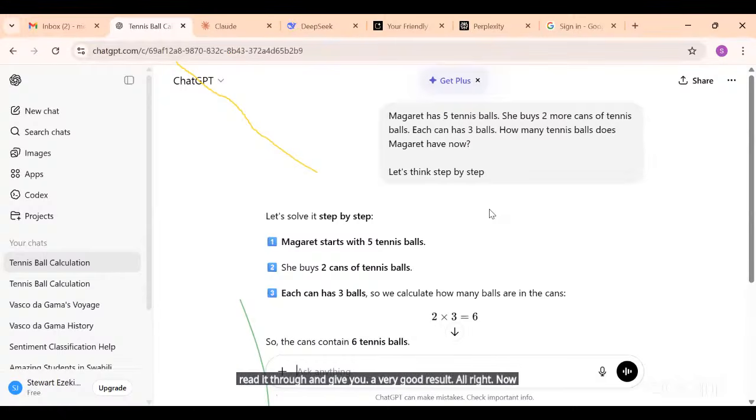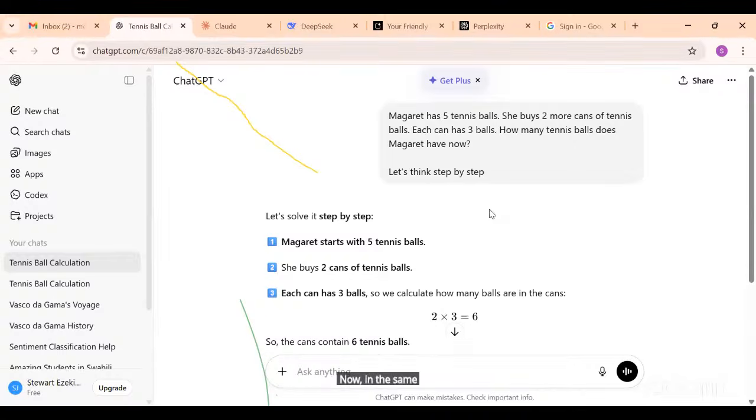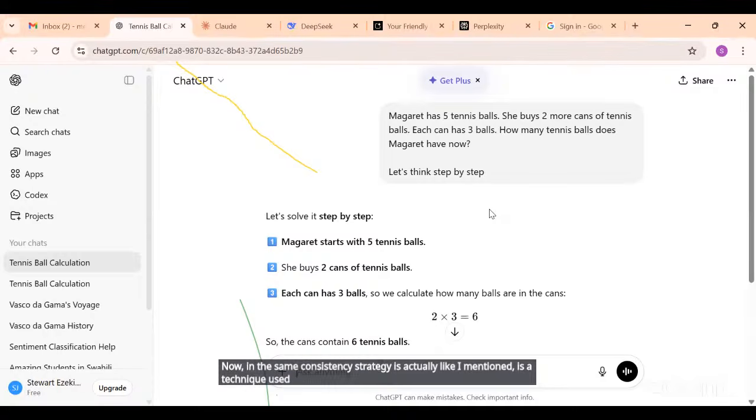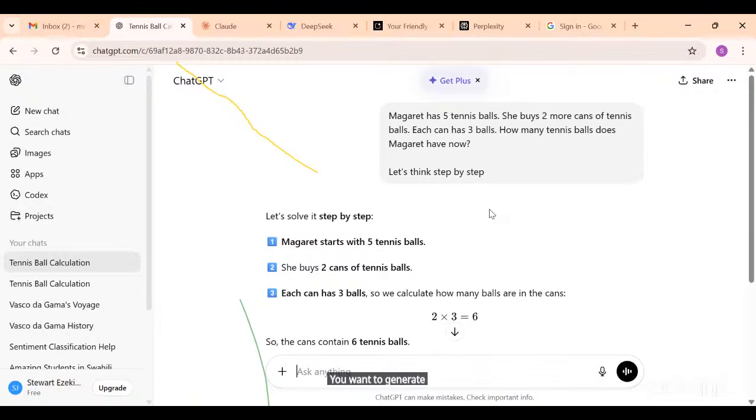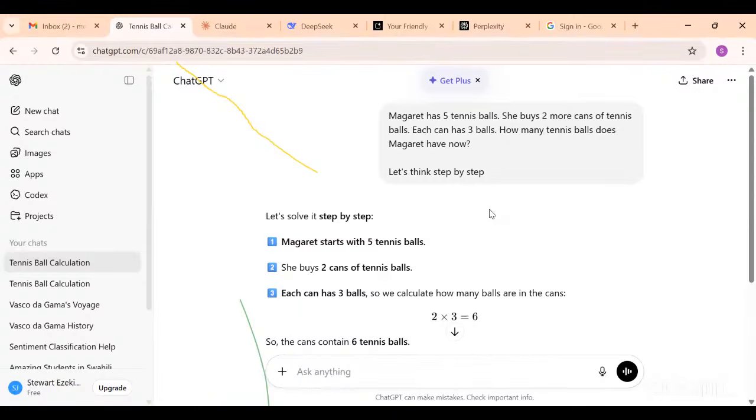Now, another type of strategy we talked about was self-consistency. The self-consistency strategy, like I mentioned, is a technique used in conjunction with chain of thought. Here you want to generate multiple chain of thought responses to the same prompt, and then you begin to select the most frequent or final answer.